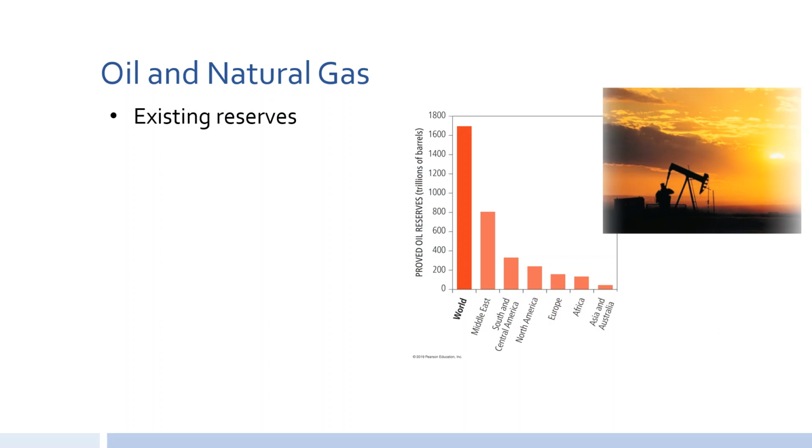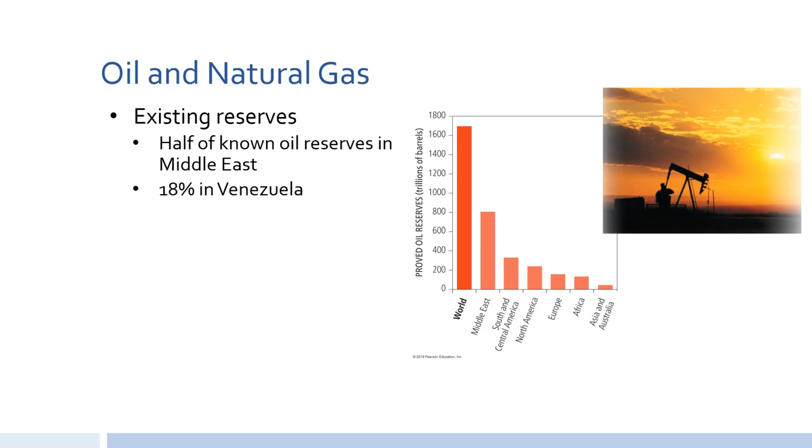So the existing reserves of oil and natural gas: half of all known oil reserves is in the Middle East. Politically, people are worried about being dependent on oil in the Middle East. People are concerned about when you have conflict in the Middle East, who gets control of that oil. 18% of it is in Venezuela, and part of Venezuela's current economic problems are the fact that their economy was totally based on oil, and the price of oil dropped, and their economy subsequently dropped as well.